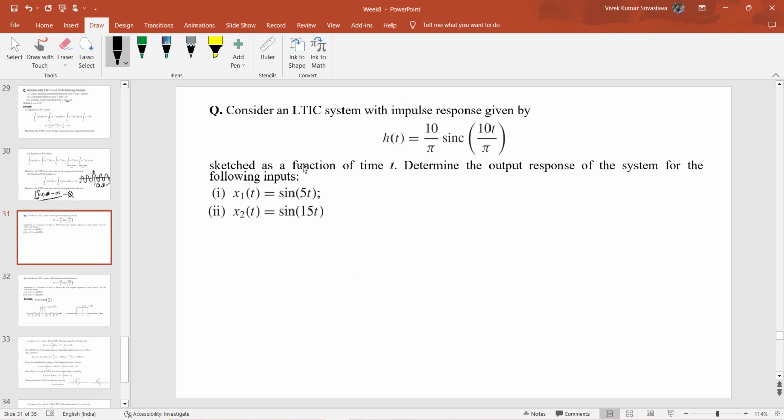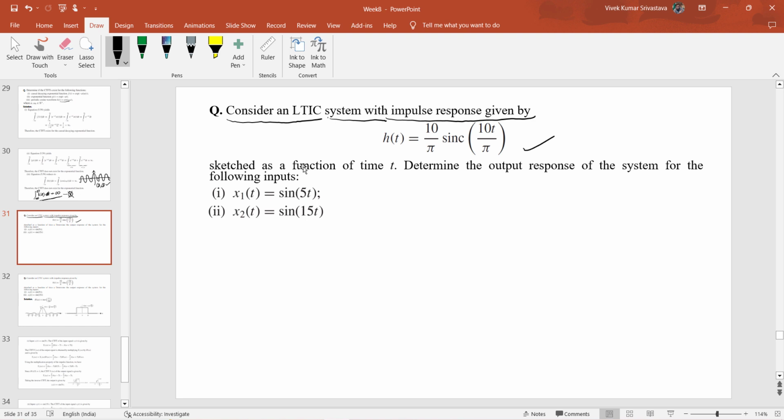So now moving ahead, here's the next problem. The problem states that we consider a linear time invariant system whose impulse response is given to us, that is h of t equals 10 by pi sinc of 10 t by pi.